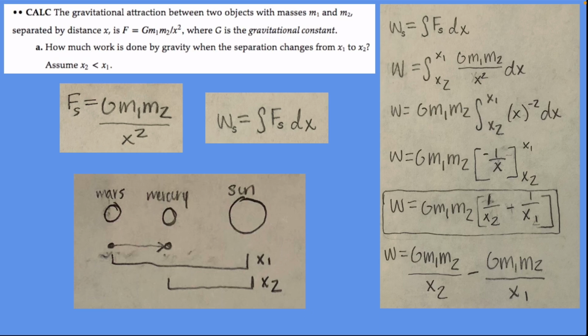And the problem indicates that x sub 2 is smaller than x sub 1 to show that this is going to come out positive, because a number divided by a bigger number is always going to be smaller. If you're comparing, the one with the bigger number on the bottom is going to be the smaller one. So it does work out.